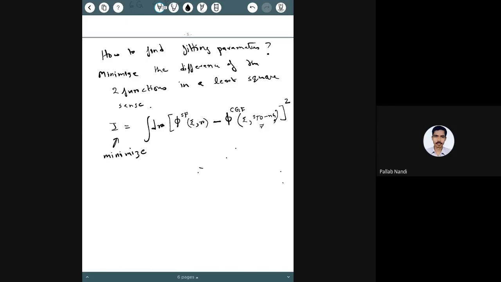Anyway, the principle is to minimize the difference, and in effect it means to maximize the overlap between the two functions.